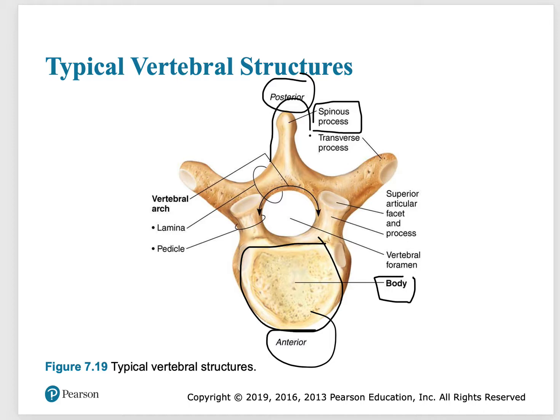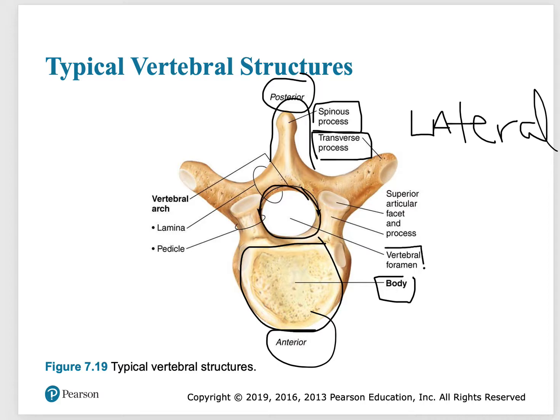You then have transverse processes, which are typically going to be on the lateral edges. Like I said, each different type of vertebra, whether cervical or thoracic, has its own features that we can go through. All right, so in the middle, we typically have a vertebral foramen, and this is where the spinal cord passes through.